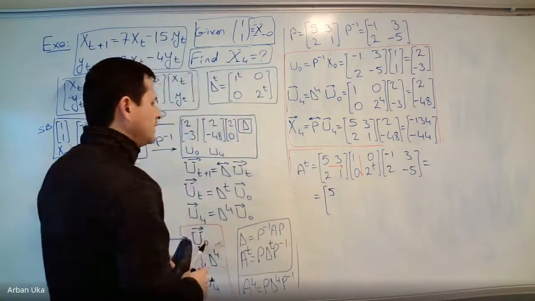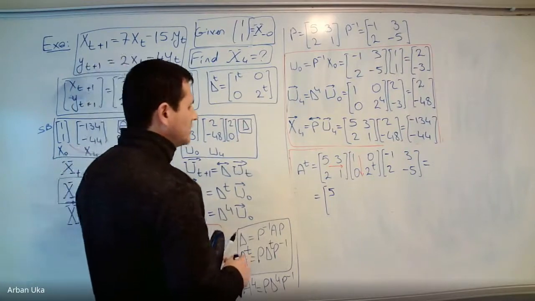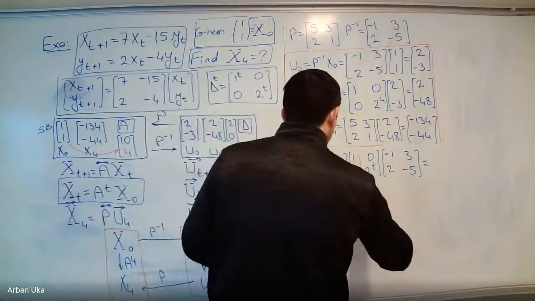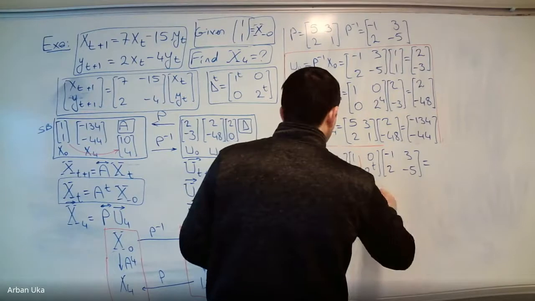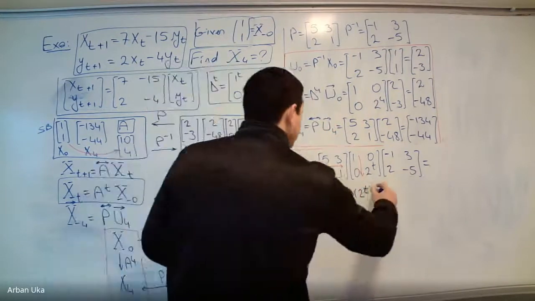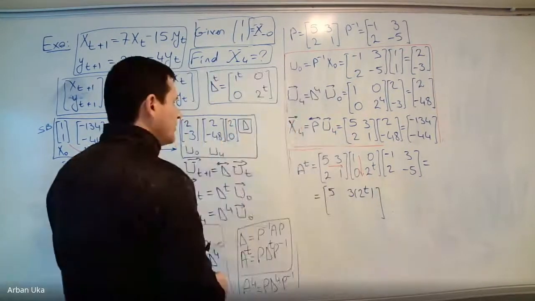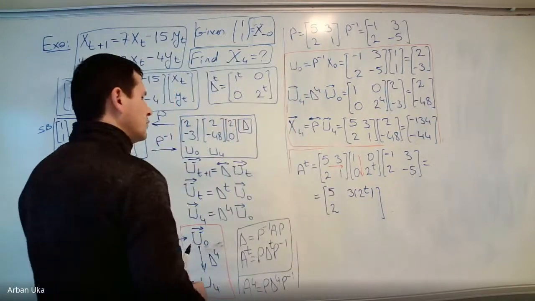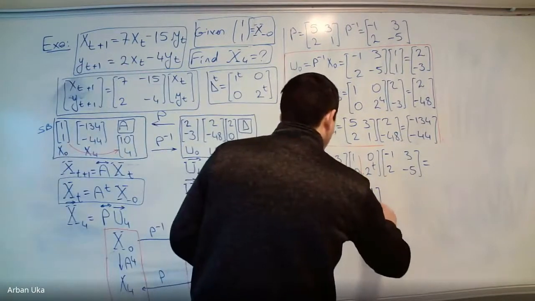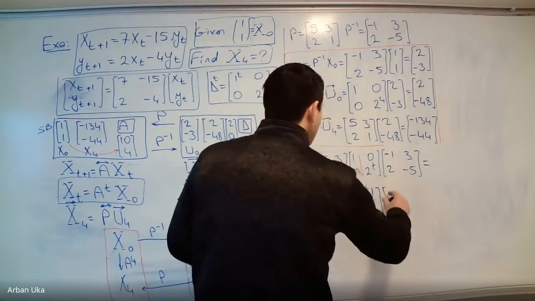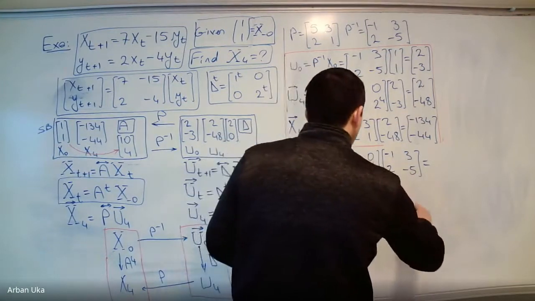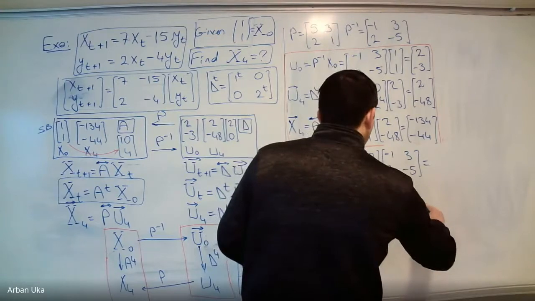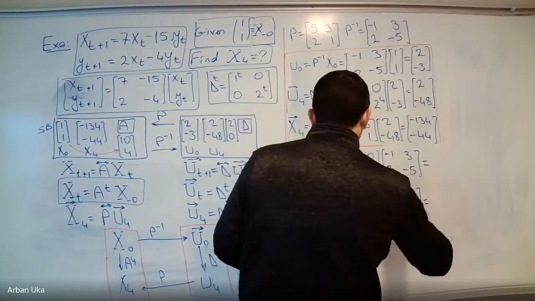Then 5, 3 with 0, 2^t, so this becomes 3 times 2 to the power t. And then we multiply 2, 1 with 1, 0, we get 2, and we get 2 to the power t. We multiply this with minus 1, 2, 3, minus 5.